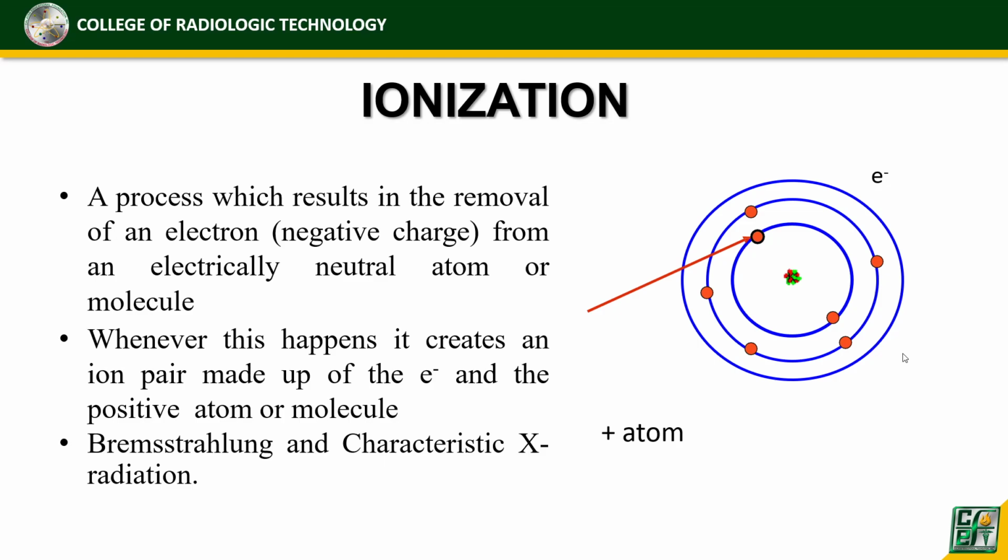Okay, sino ang gusto tumulong kay Miss Batahan to complete her answer? Sir, so basically, when Bremsstrahlung radiation happens po, when the projectile electrons interact with the nuclear field po ng atom, magkakaroon po ng electrical field, and mag-slow down po yung projectile electron near the nucleus.